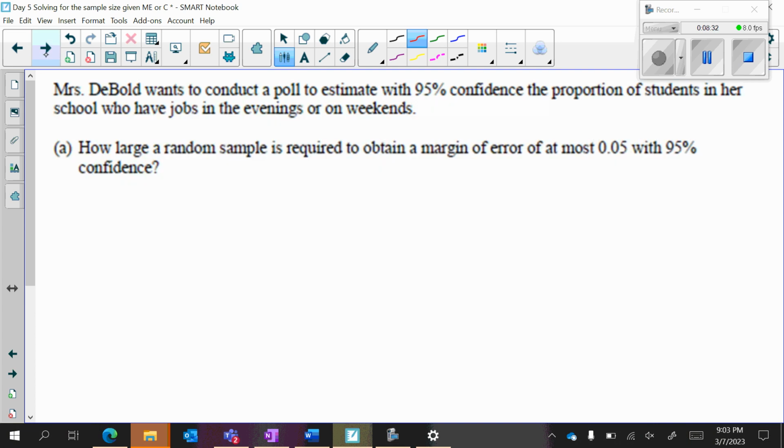This is the bull wants to conduct a poll, estimate 95% confidence, so let's see. The proportion of students, that's the parameter, in her school who have jobs. Okay, so the confidence level is 95%. If you were to look up the Z star for 95%, you're going to get 1.96. So we need that.